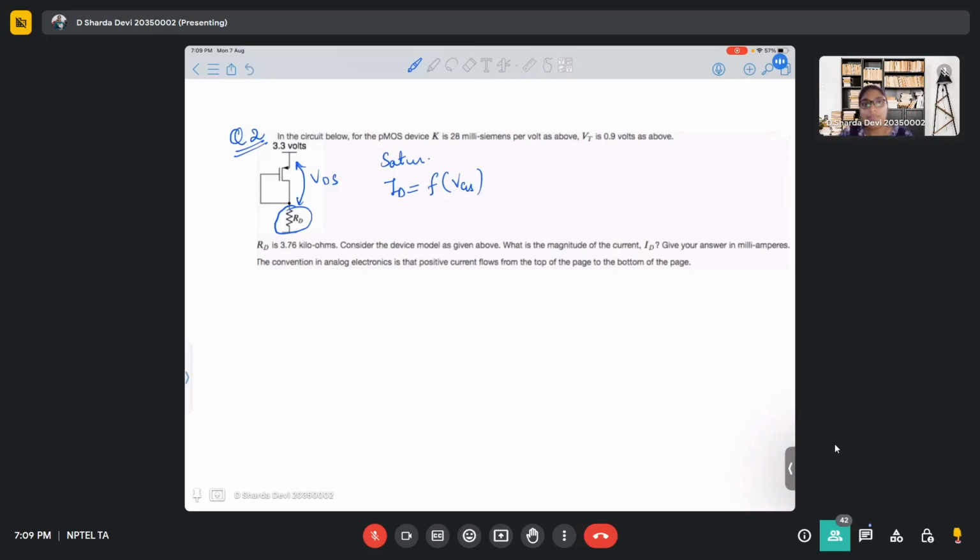When there is nothing extra mentioned, we consider that the transistor is ideal. So in that ideal case, your ID is always a function of VGS. But because of that ID, the drop across this RD will change, which will change your VDS.